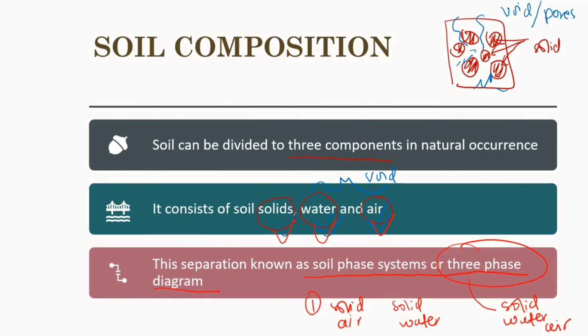So we have three conditions here: one, solid and air; two, solid and water; and three, where you have all those components. The difference between these three conditions is the components of void, which is either air only, water only, or both components, water and air.